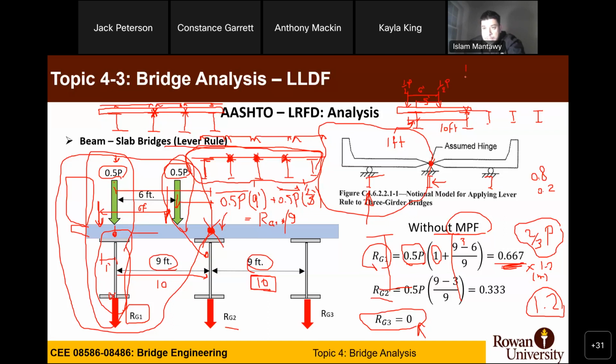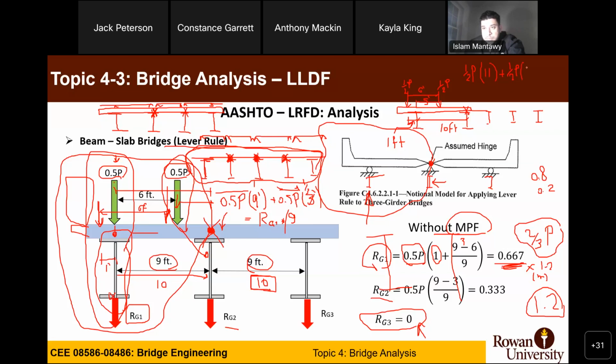You can write half P times the distance. The first wheel is at a distance of 11, 10 plus 1, plus half P. The second wheel is 5 to this exterior girder, so it's another 5 here because the spacing is 10.